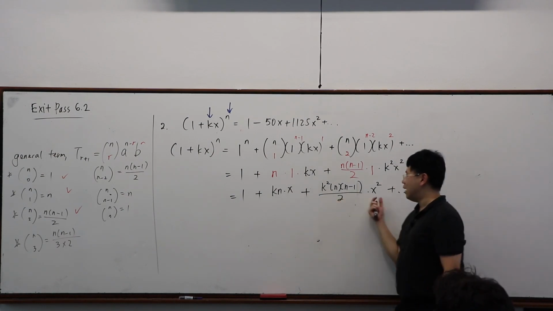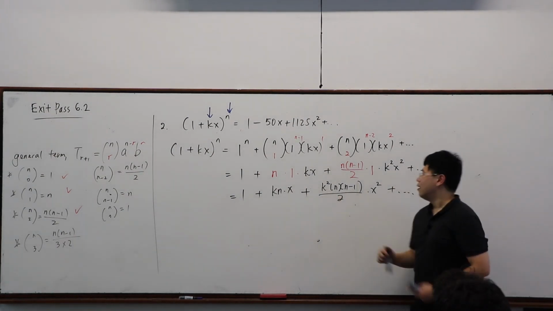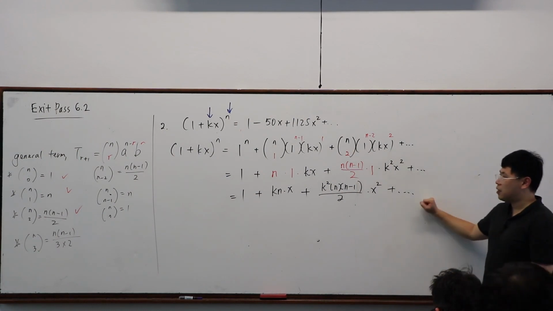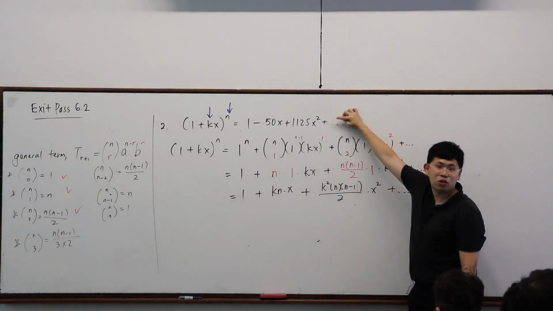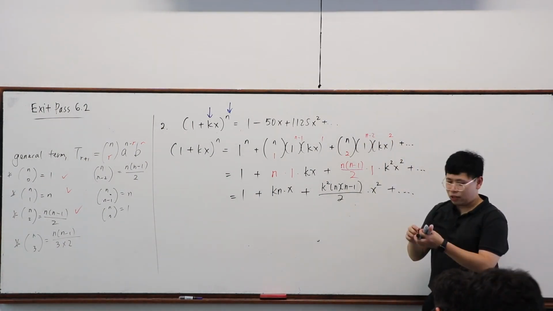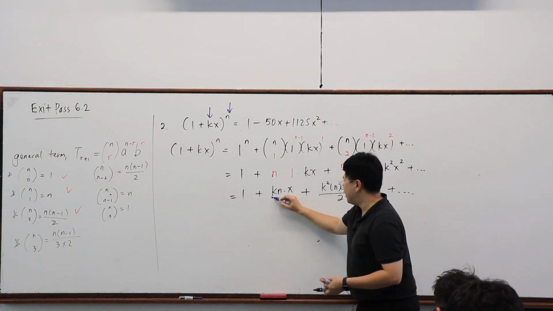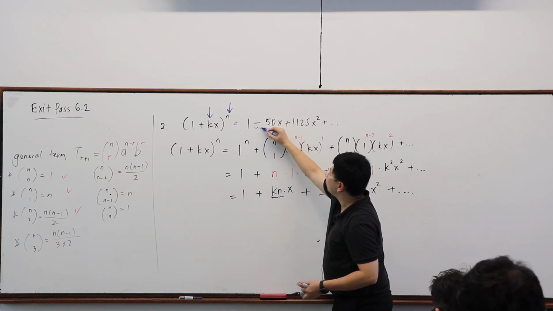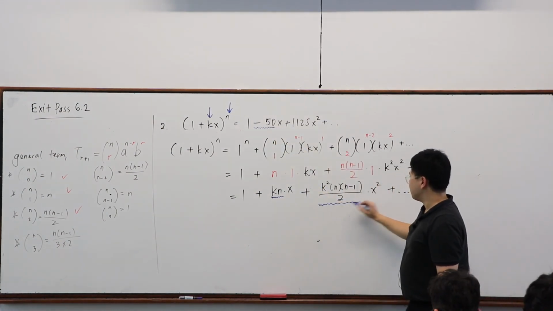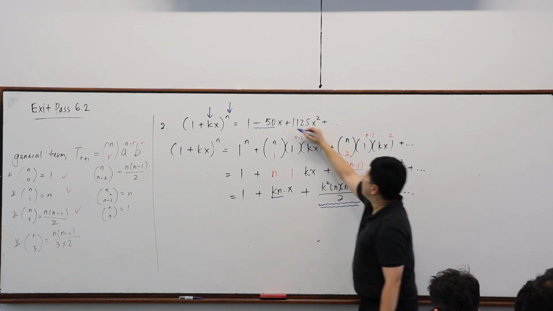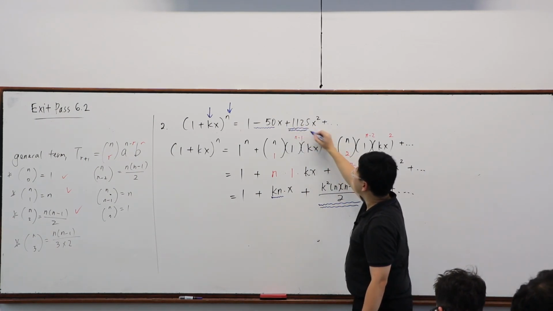So now we get this expansion already, and we already know the values of the coefficients. So kn is going to be equal to negative 50, and this whole thing will be equal to 1125.